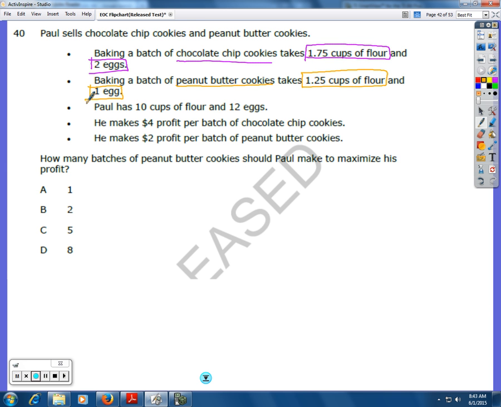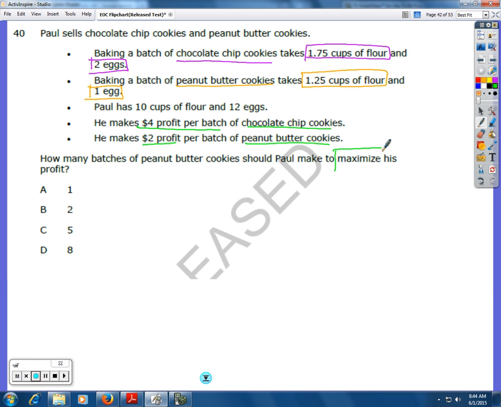Paul has 10 cups of flour and 12 eggs. He makes $4 profit per batch of chocolate chip cookies, and then $2 profit for peanut butter cookies. So he makes twice as much making chocolate chip cookies than peanut butter, and that's because people like chocolate chip better usually. So how many batches of peanut butter cookies should Paul make to maximize his profit?